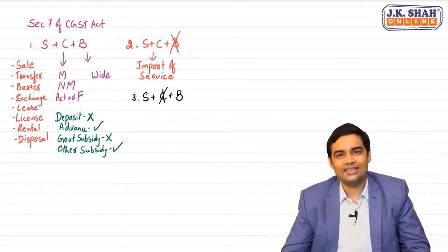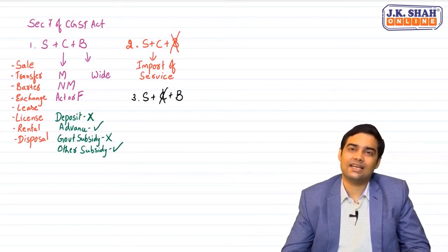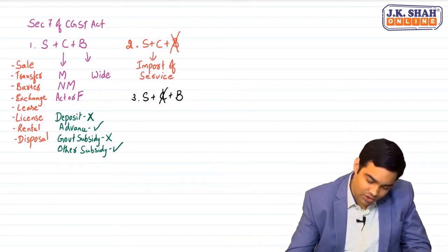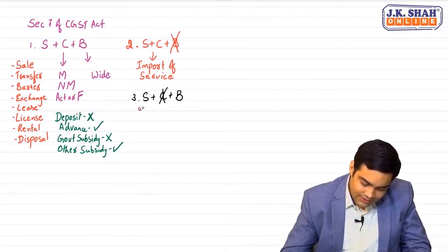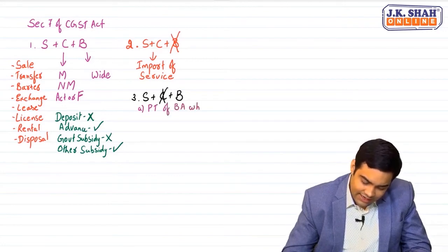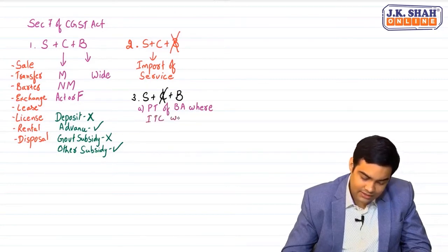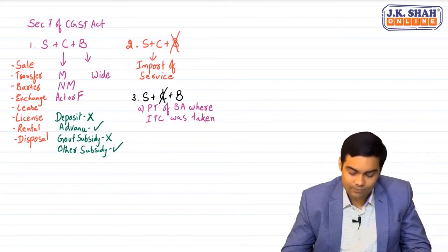So when consideration is missing, still GST can apply. There are totally 4 transactions given in the law. The first instance is permanent transfer of a business asset where ITC was taken. Careful. Permanent transfer of a business asset where ITC was taken. Think about it.